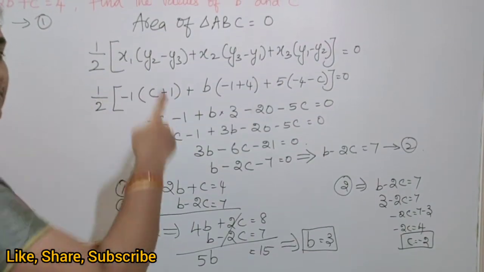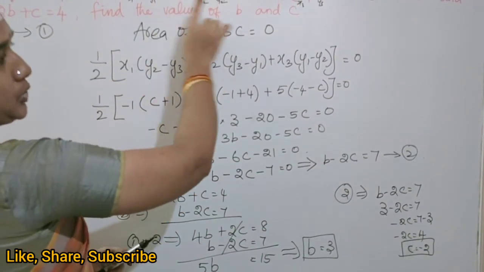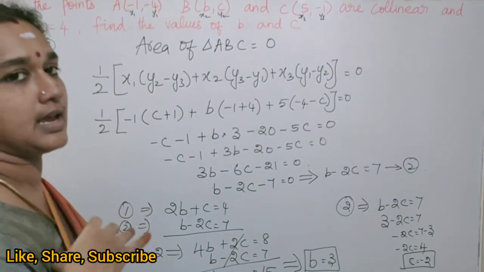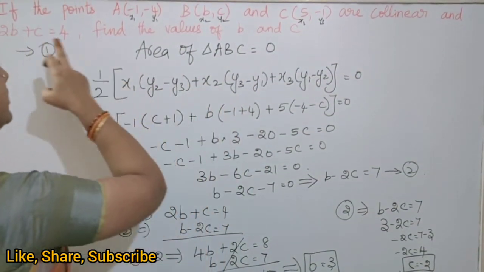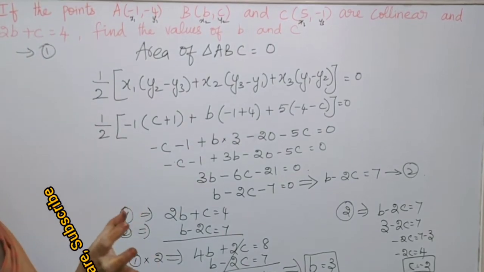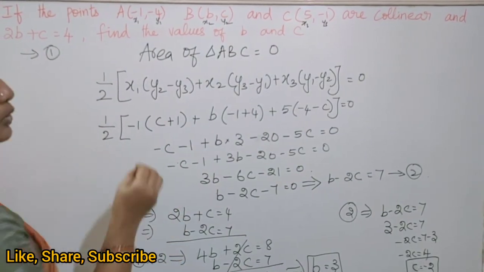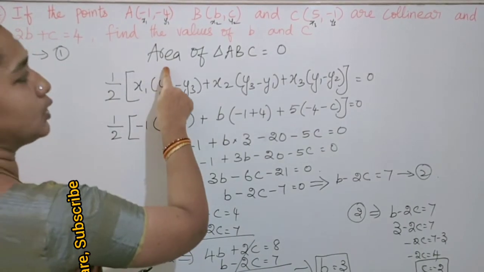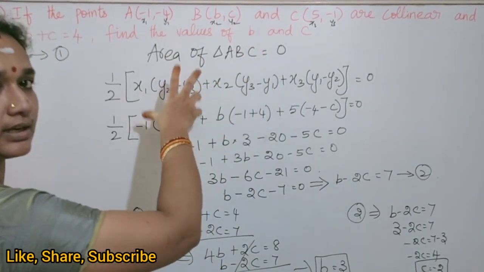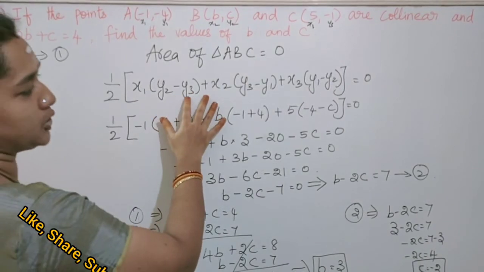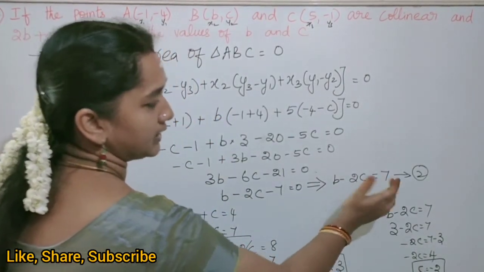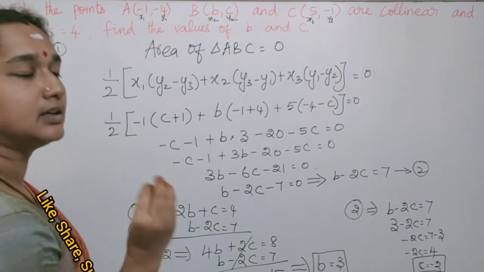One more time I will say: in the given question, 3 vertices are given and they tell us that the points are collinear, and one equation is given with b and c. You are asked to find the values of b and c. Since it is collinear, the area is equated to 0, and substituting in the area of triangle formula, I get an equation with b and c as variables.